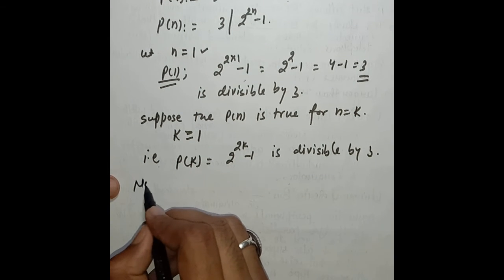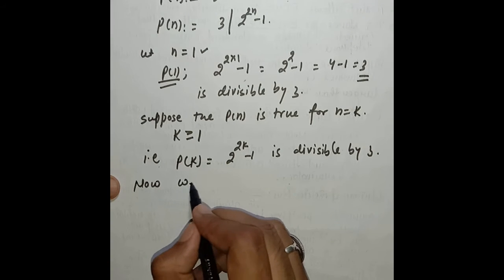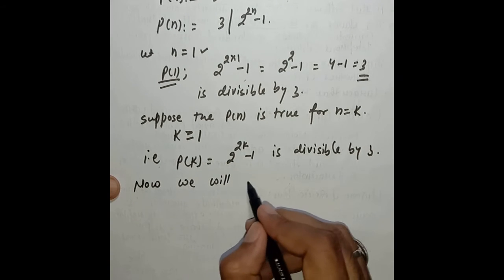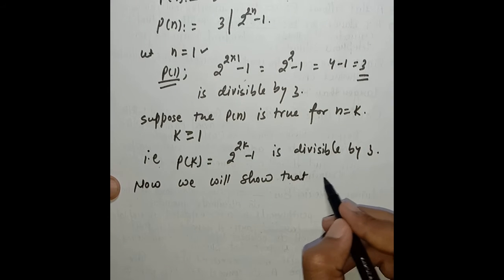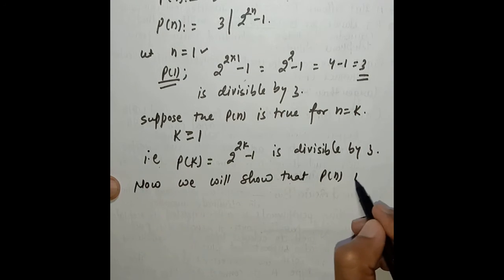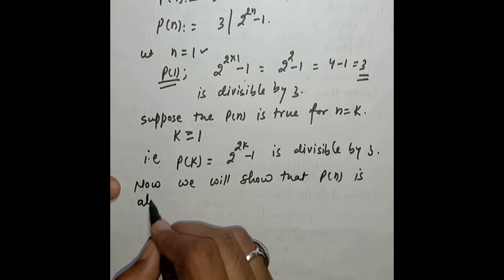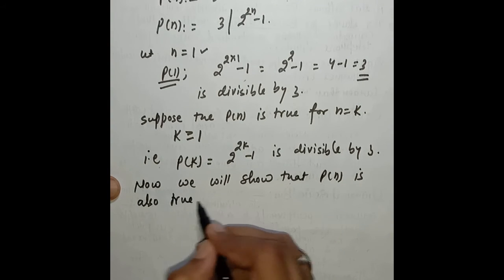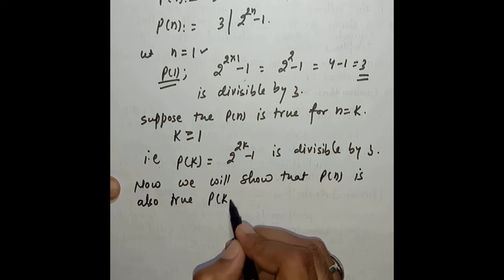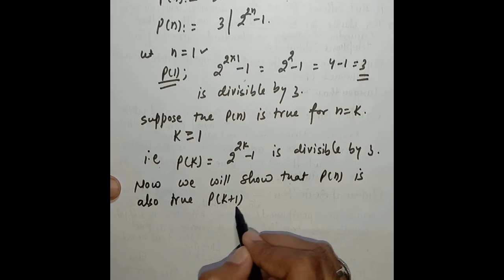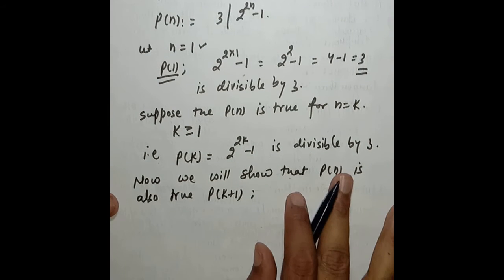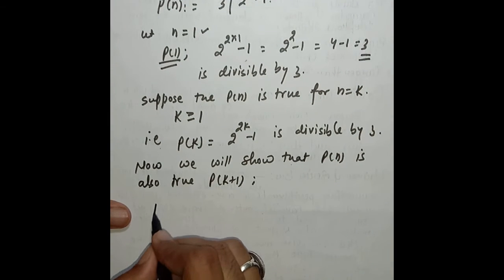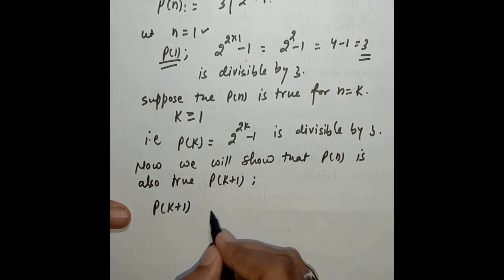Now we will have to show that the statement Pn is also true for n is equal to k plus 1. That is Pk plus 1.